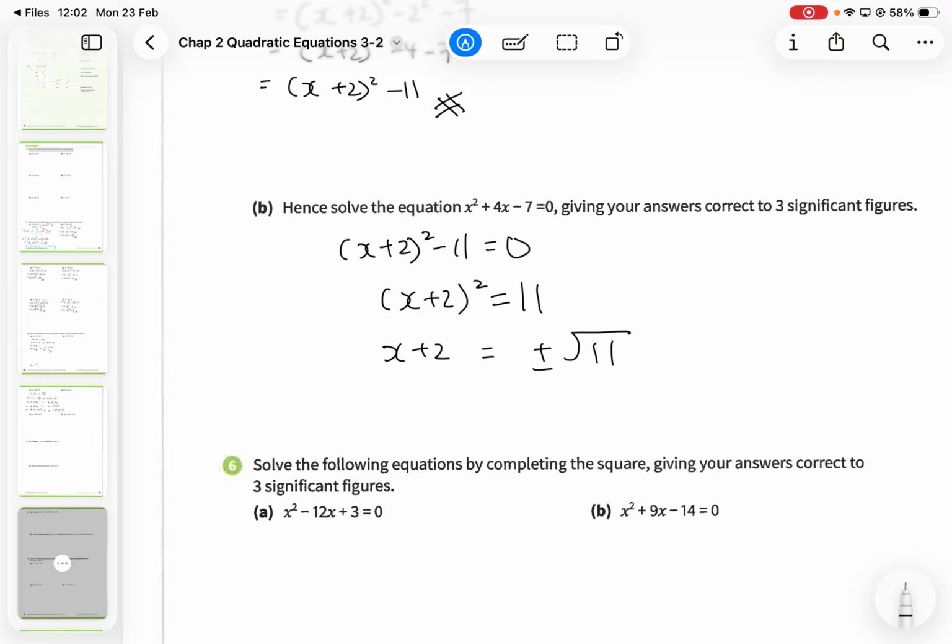I will have 2 answers. Then press calculator, I can get 2 answers. Okay? So this is the general idea. Using completing the square, I can also solve a quadratic equation.